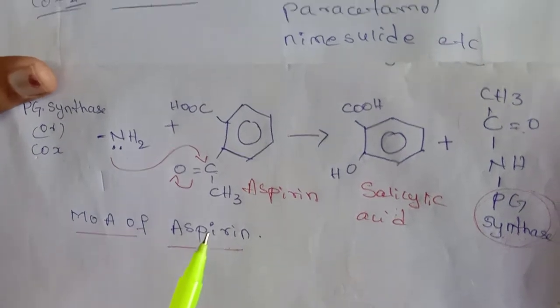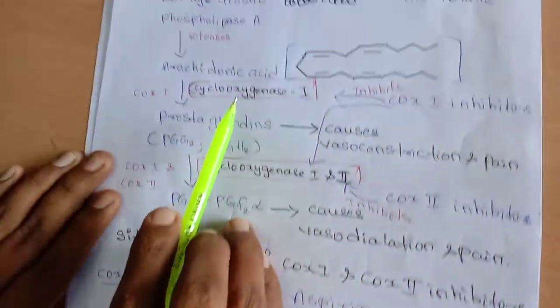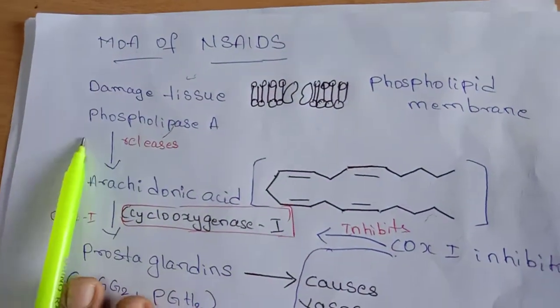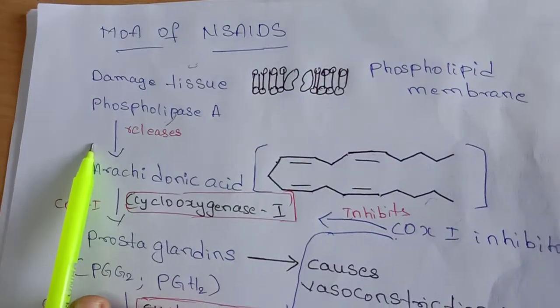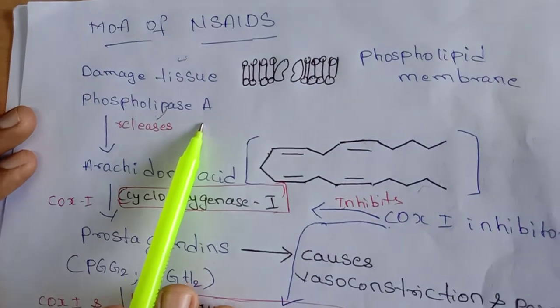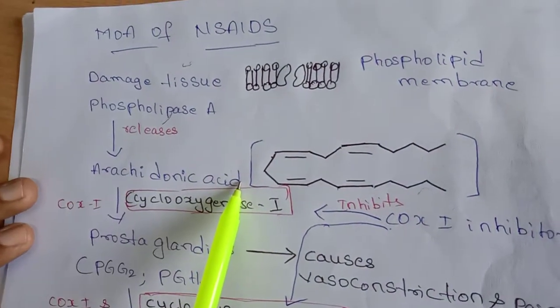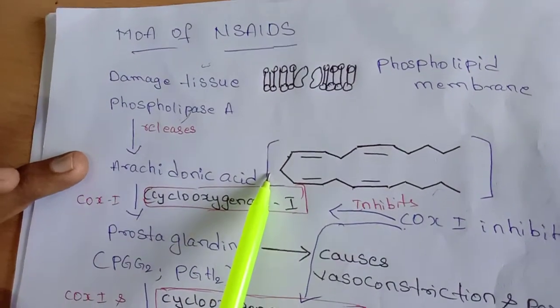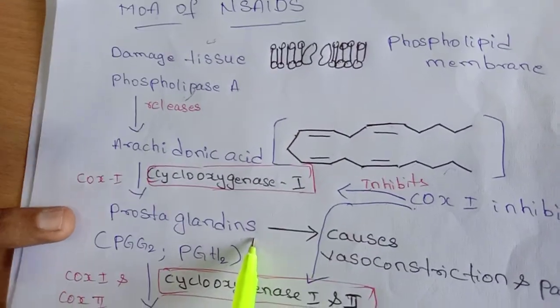Again, looking at the flowchart of the mechanism of action of NSAIDs: from the damaged tissue, phospholipase A causes the release of arachidonic acid, and the released arachidonic acid is converted into prostaglandins.